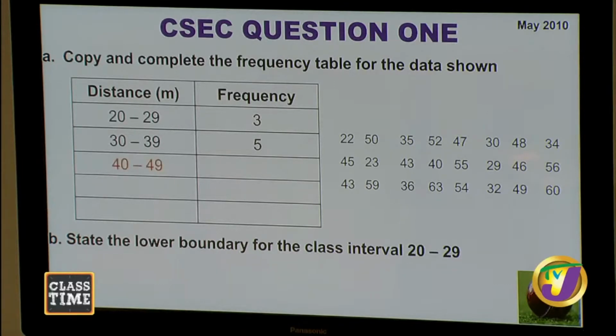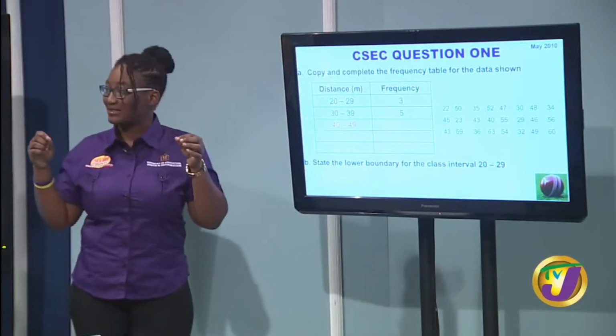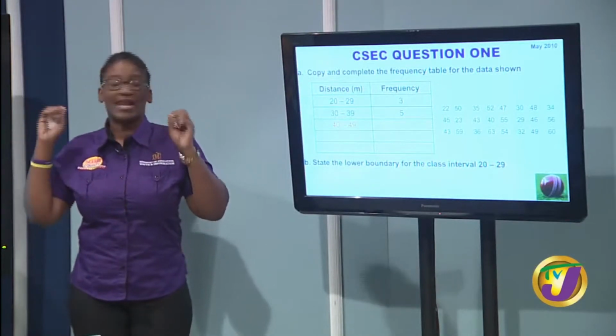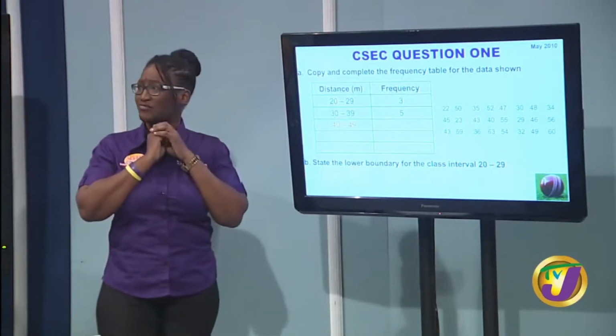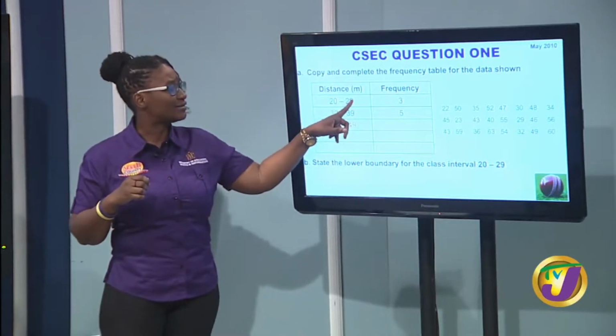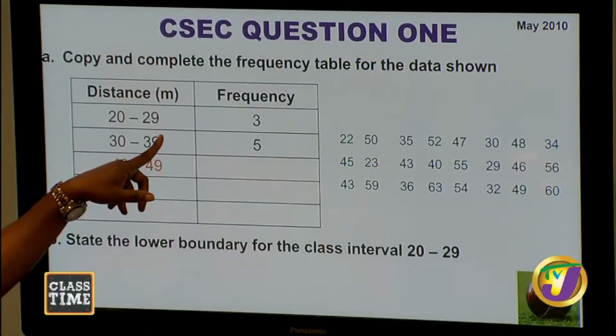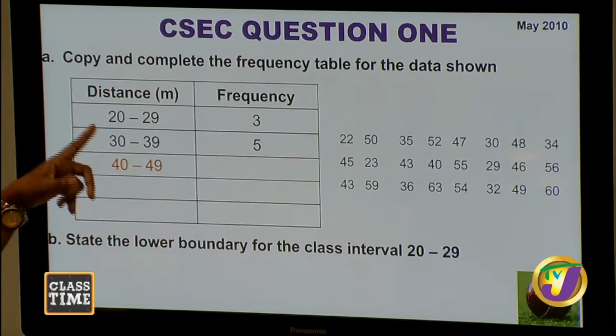Okay. And another thing I want to point out, I don't know if we're going to be looking at it in more detail, so let me just drop it right here. Right. Because I remember in one of the lessons, and even as you were looking back at the concepts earlier, you mentioned class width. Yes, I did. Class width. And if my memory serves me right, we would normally subtract 2 consecutive upper limits or 2 consecutive lower limits.